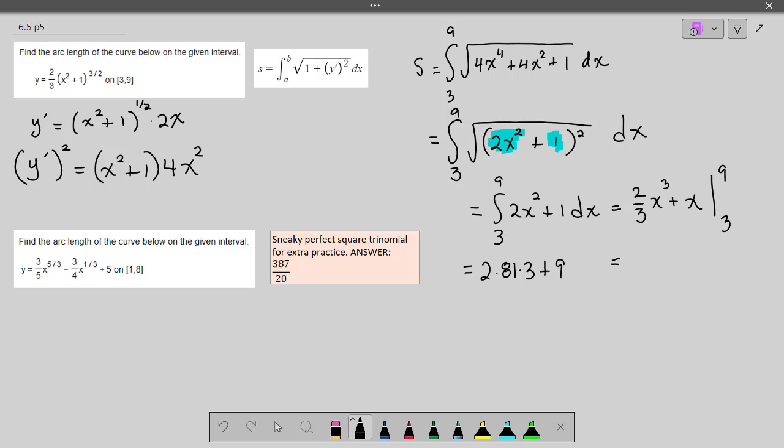Plus 9. And then we're going to subtract off the antiderivative at 3. So minus, when 3 goes in here, we have 3 threes. One of them is going to cancel, so we have 3 times 3 times 2. So that's 18. 3 goes into there, we subtract it off, so we get that.